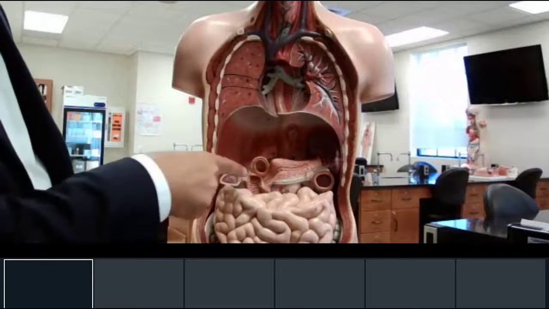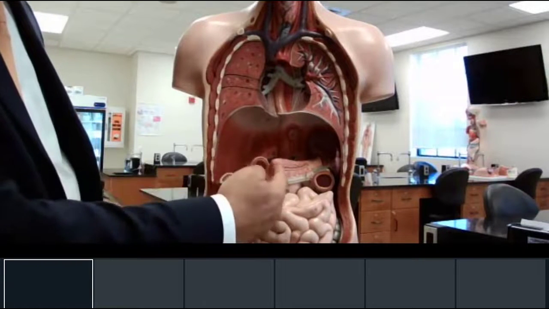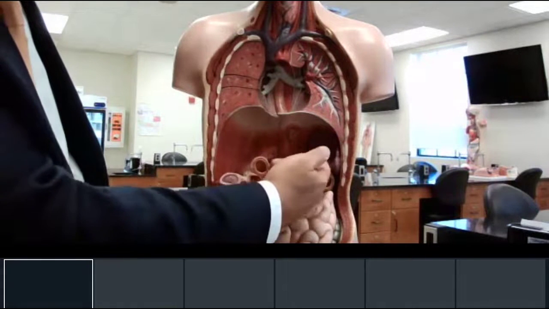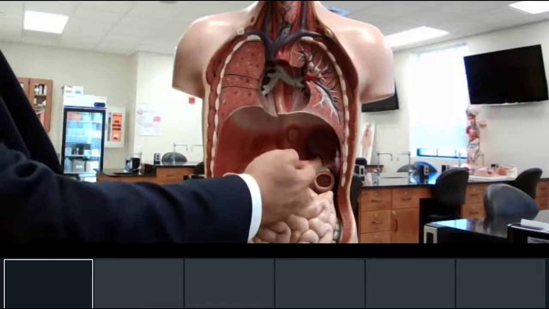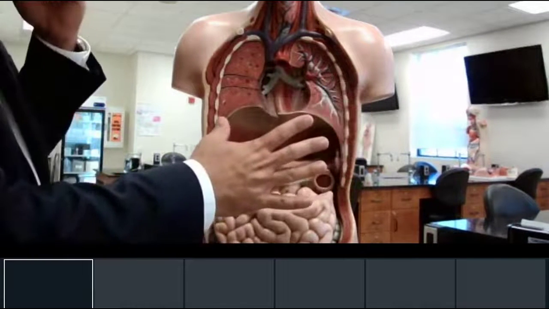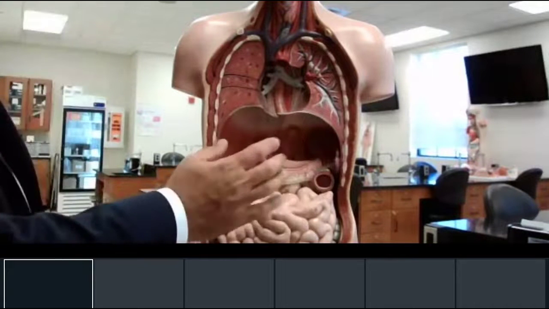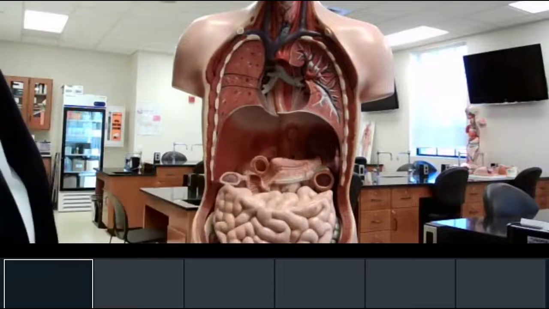This part right here will be the head of the pancreas. Then we have the neck, the body, and the tail. Most of the pancreas is also retroperitoneal, but not the tail of the pancreas.